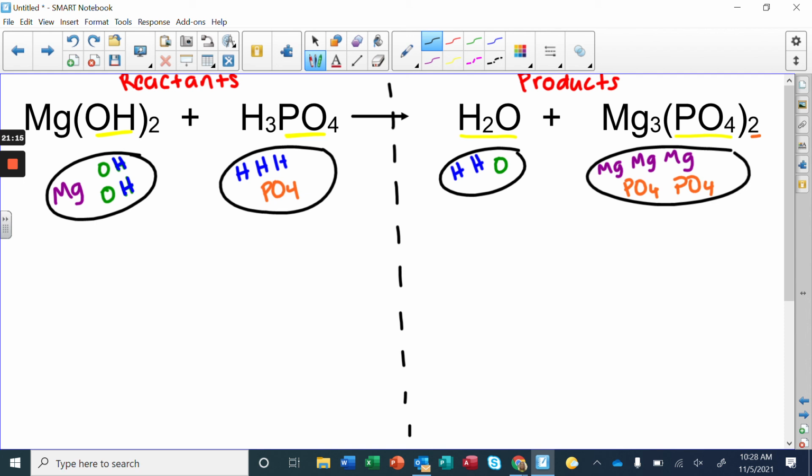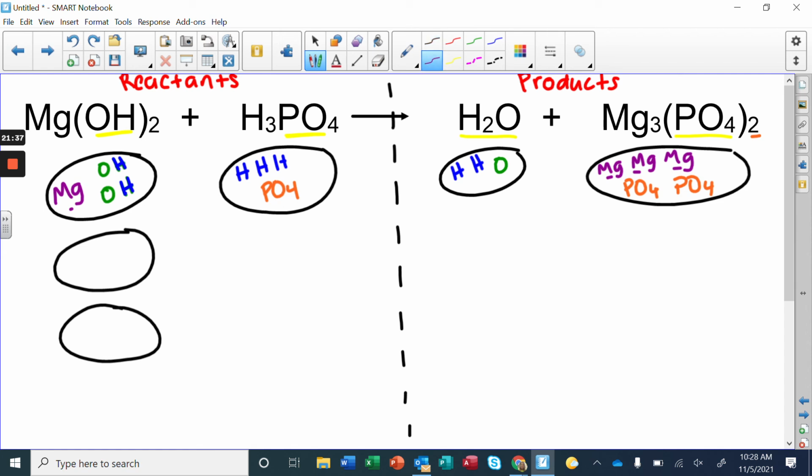So on the reactant side, I have 1 magnesium. And on the product side, I have 1, 2, 3 magnesiums. So there are less magnesiums on the reactant side. I only have 1 where there's 3 on the product. So I'm going to end up needing 2 more. So I'm going to go ahead and draw 2 more bubbles.